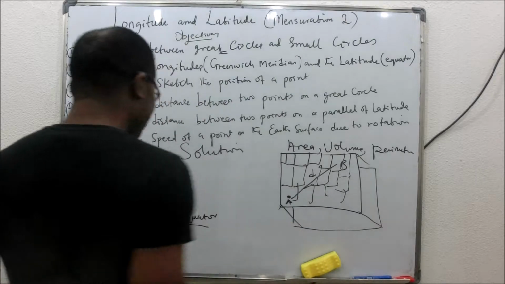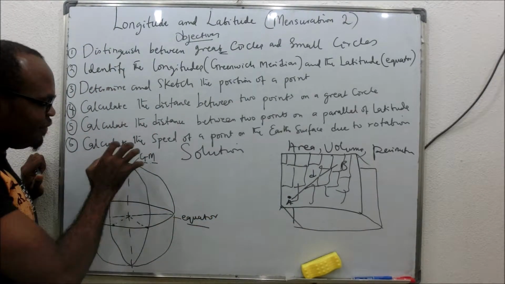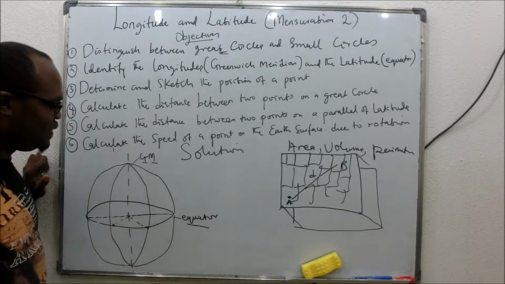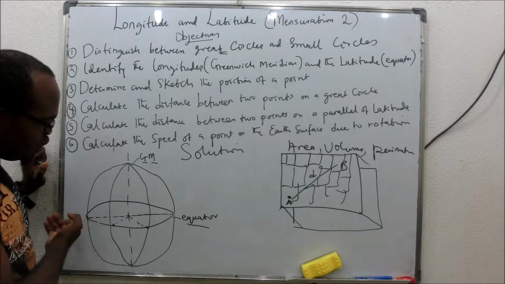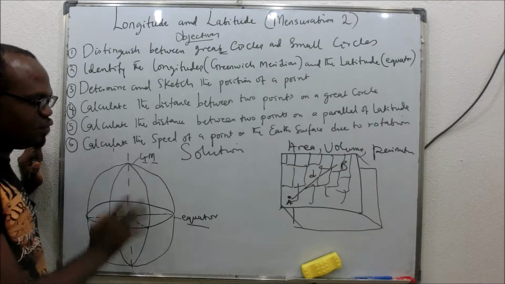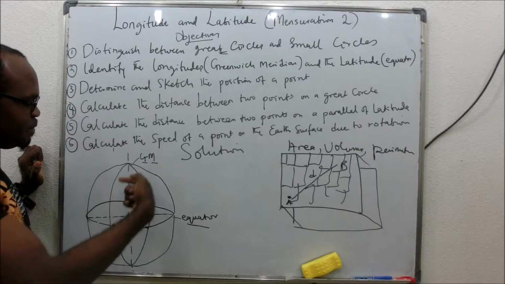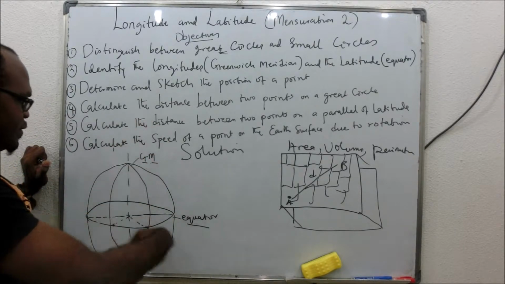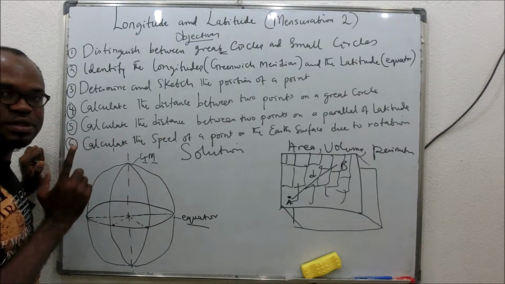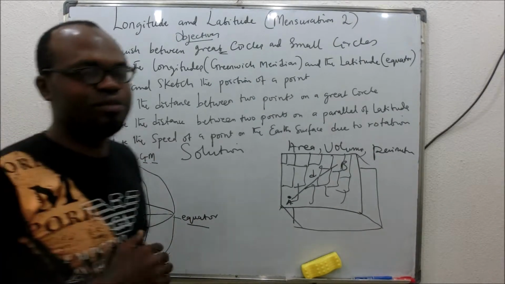A great circle is a circle that when you cut through it, you have equal halves of the sphere of the Earth, like when you cut the Earth through the equator, or through the Greenwich meridian. There are plenty of other great circles as longitudes, but the Greenwich meridian and the equator are the two major great circles.